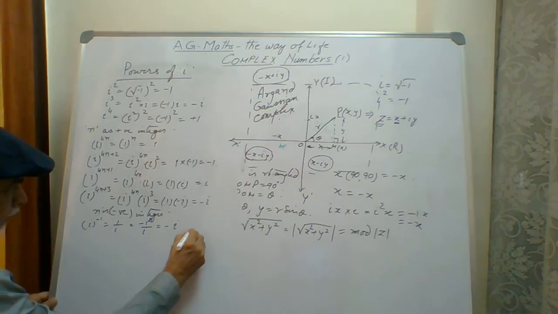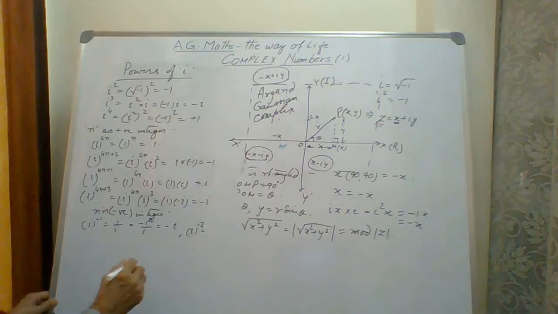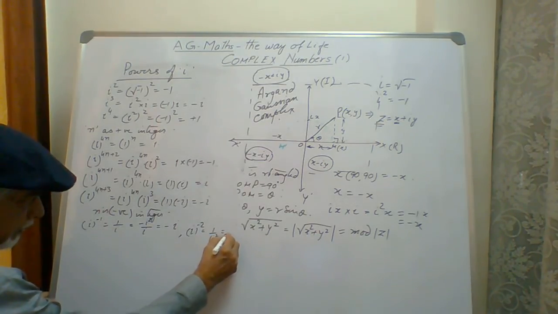And i power minus 2 will be equal to 1 by i square, and it is equal to minus 1.